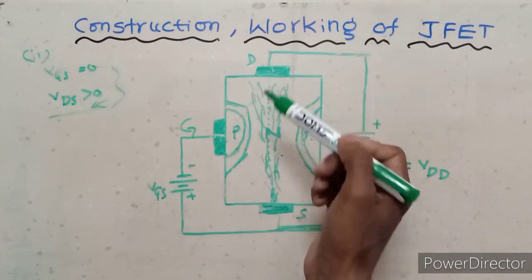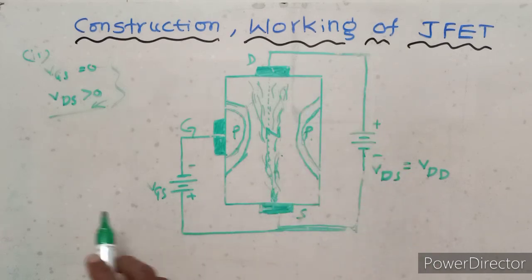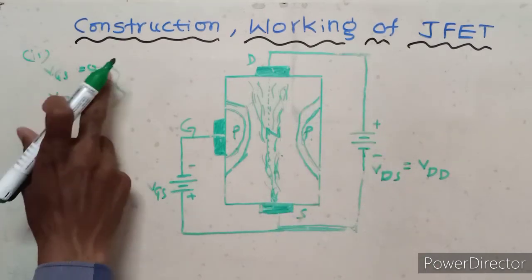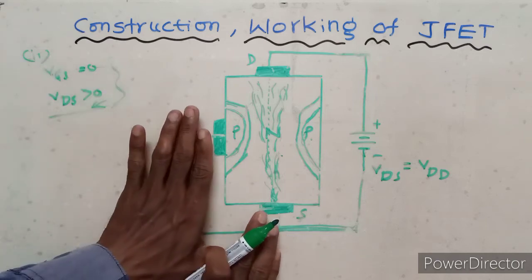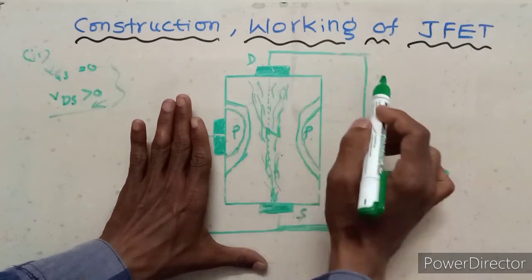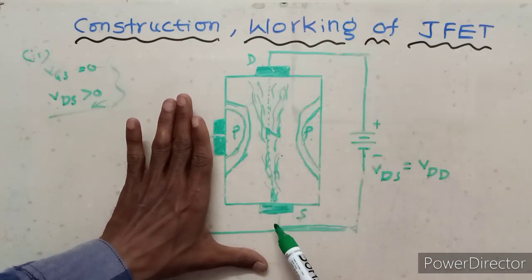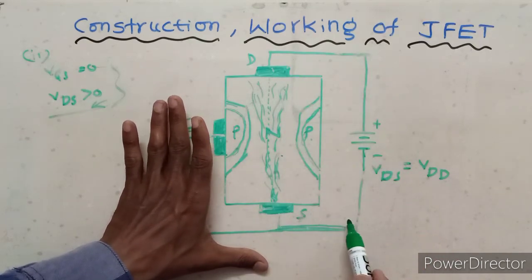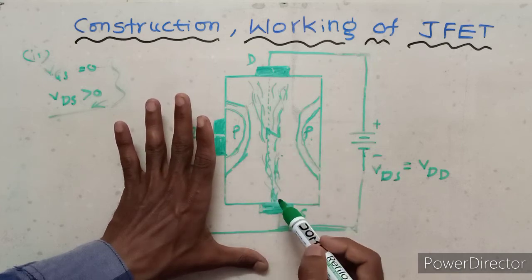The current is from source to drain, and the voltage is drain to source. The drain is positive with respect to the source.